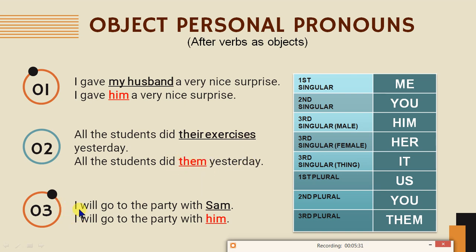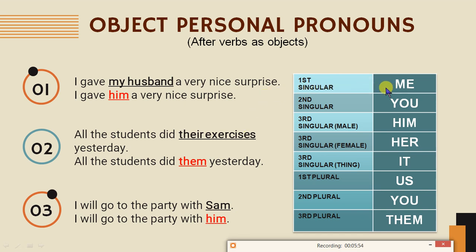Third example, I will go to the party with Sam. Sam is a male person, right? He is a boy. So on behalf of Sam, what will we use, dear children? Him. So we will see the example: I will go to the party with him. So Sam is replaced by the word him.